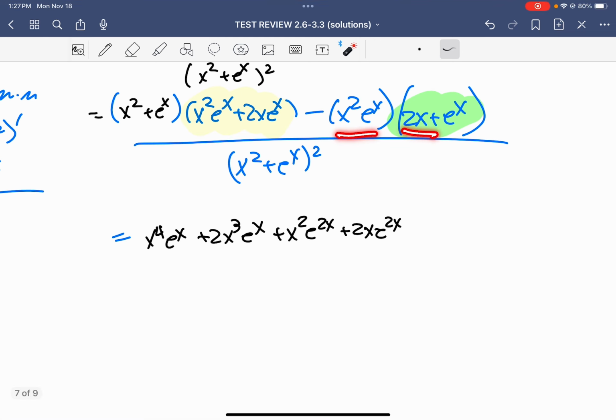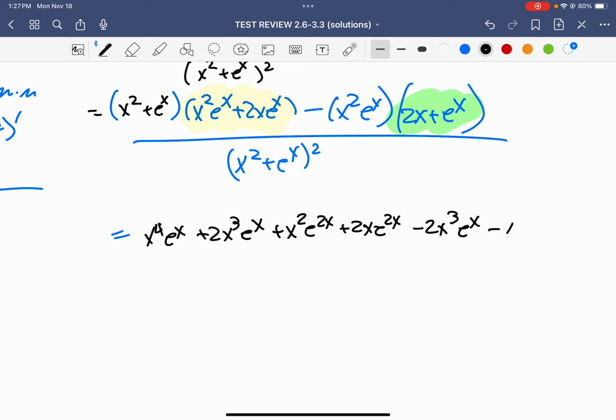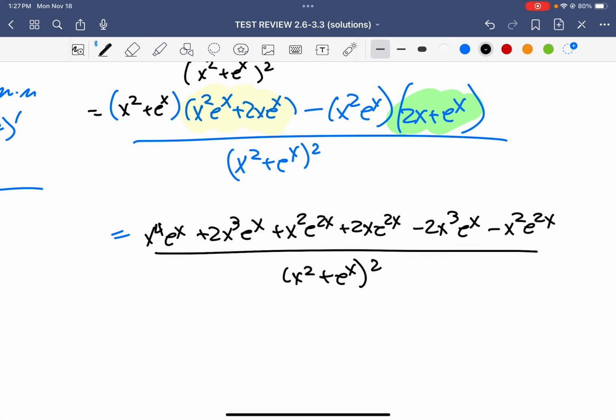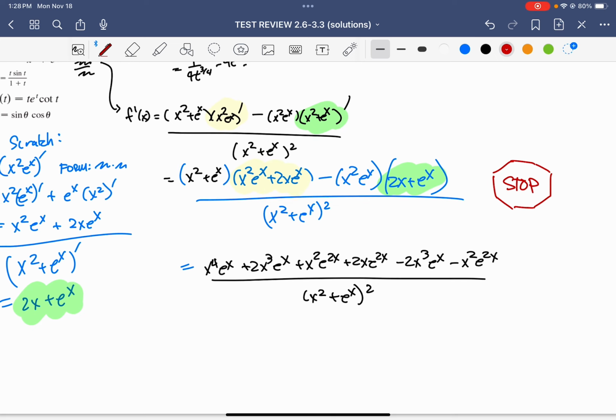And then this one and this one give me 2x cubed e to the x. And then this one times this one give me negative x squared e to the 2x, all over x squared plus e to the x squared. Again, you could stop right here if it only says to take the derivative and not to simplify.